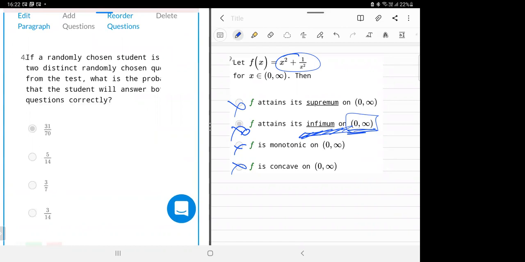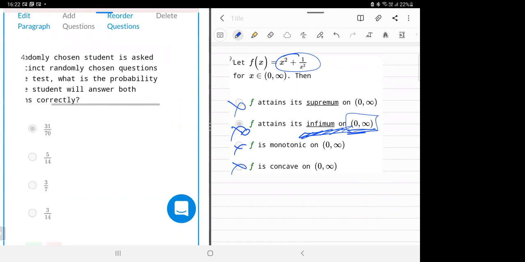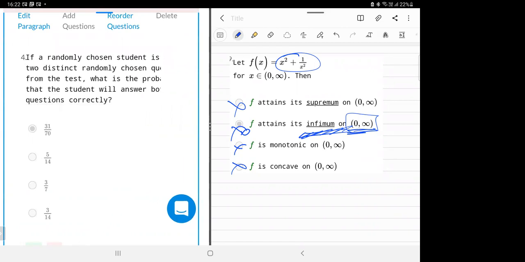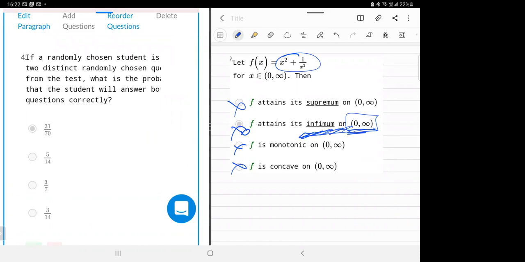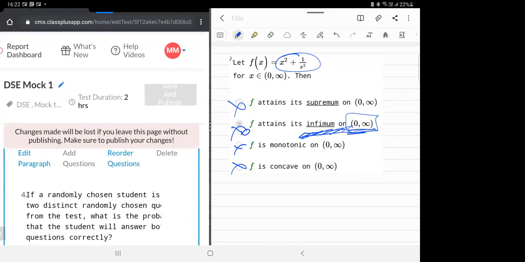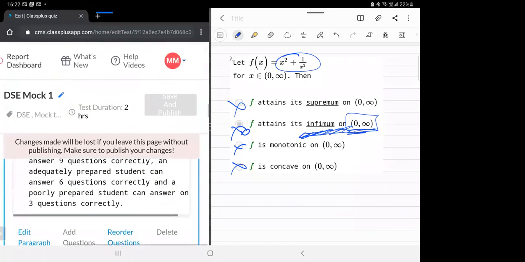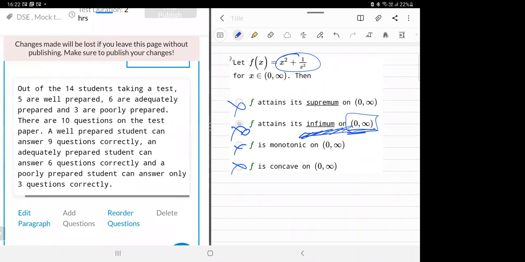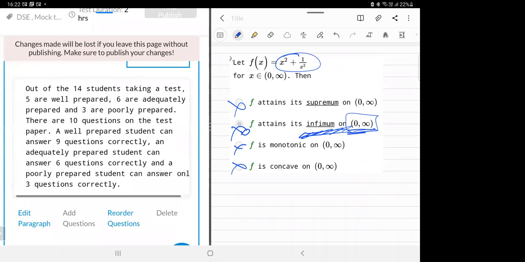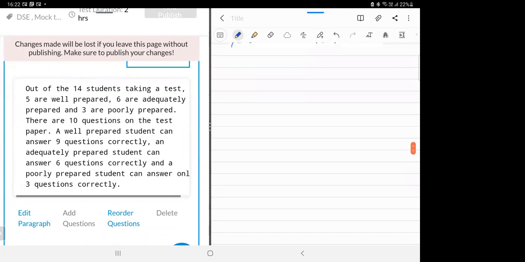If a randomly chosen student is asked 2 distinct randomly chosen questions from the test, okay, first I have to look at the paragraph. Out of 14 students taking a test, 5 are well prepared, 6 are adequately prepared, and 3 are poorly prepared.